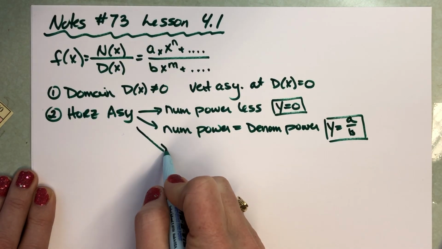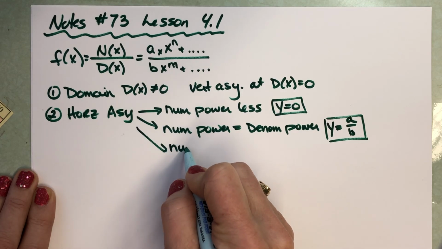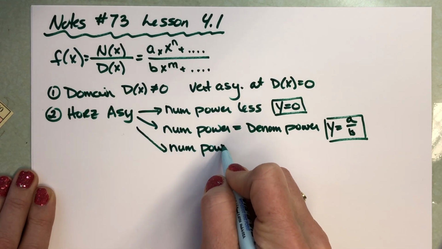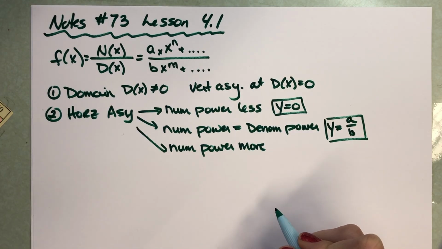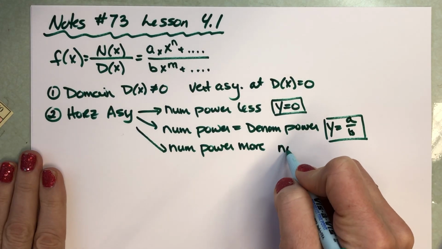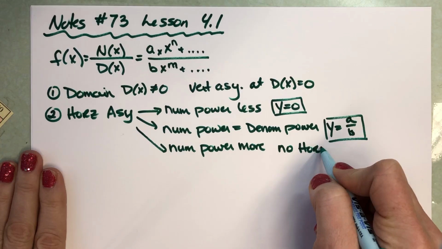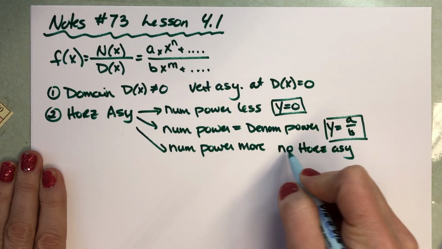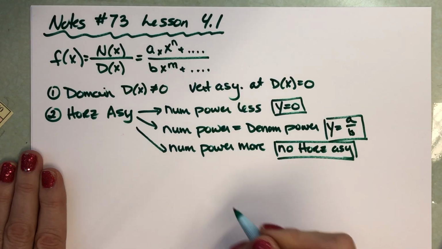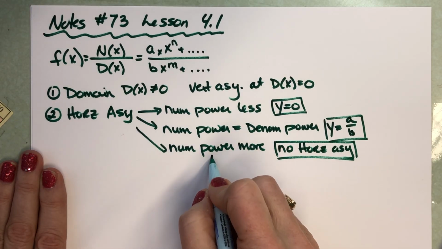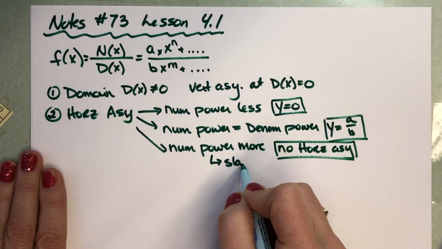And our third case is if our numerator power is more than the denominator power, then you have no horizontal asymptote. But what's coming next is you are going to have a slant asymptote. But that's coming. Not yet. Not today.